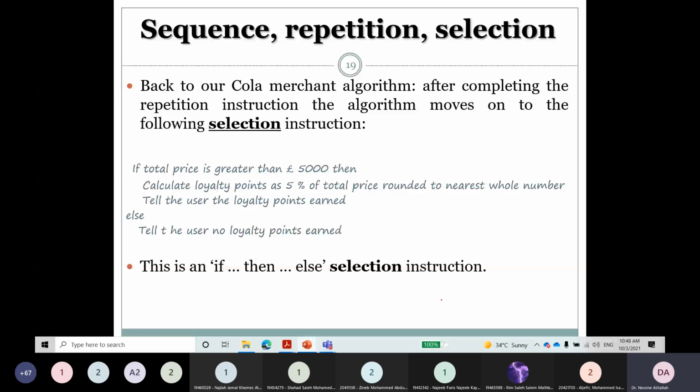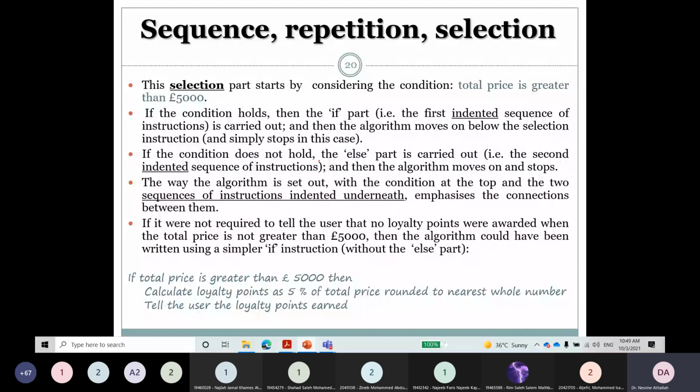If the condition does not hold, meaning the price is not greater than 5,000 pounds, the else part will be carried out, the second indented sequence of instructions, and then the algorithm stops. The way the algorithm is set out, with the condition at the top and the two sequences of instructions indented underneath, emphasizes the connection between them.